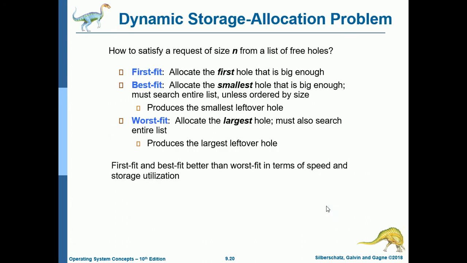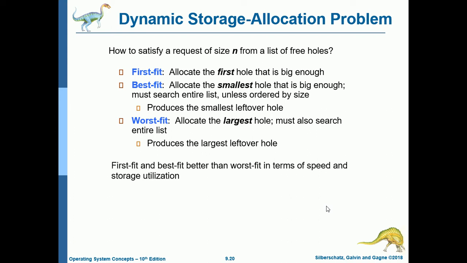Okay, next we have the dynamic storage allocation problem: how to satisfy a request of size n from a list of free holes. We have three suggestions. First fit: allocate the first hole that is big enough. Best fit: allocate the smallest hole that is big enough; must search the entire list unless ordered by size, and it produces the smallest leftover hole.